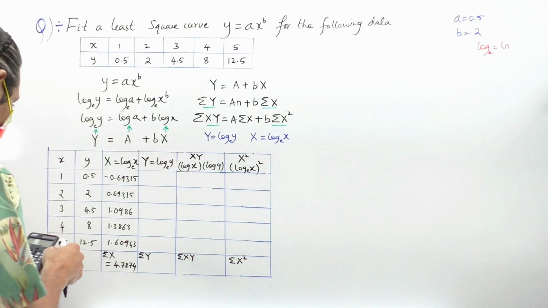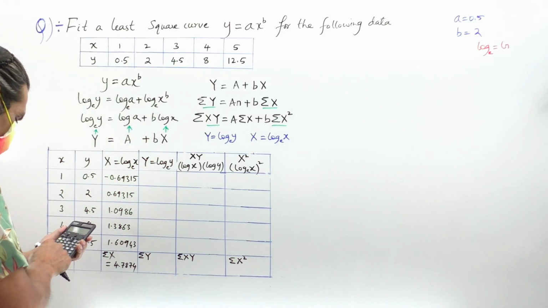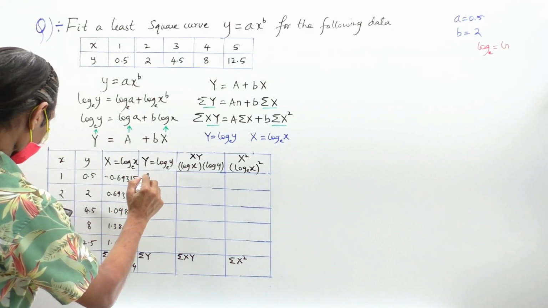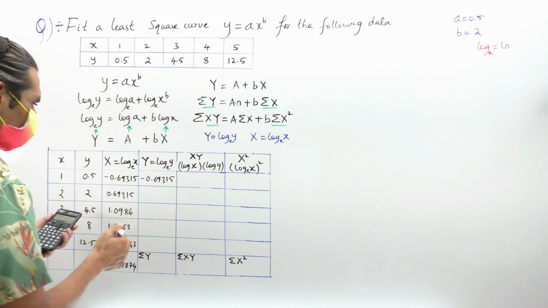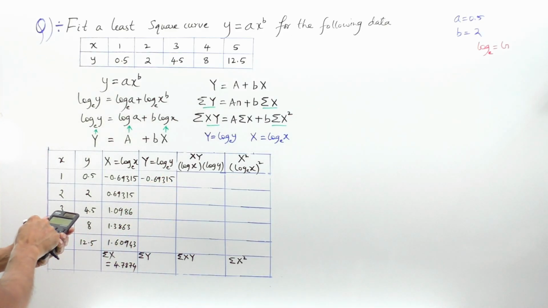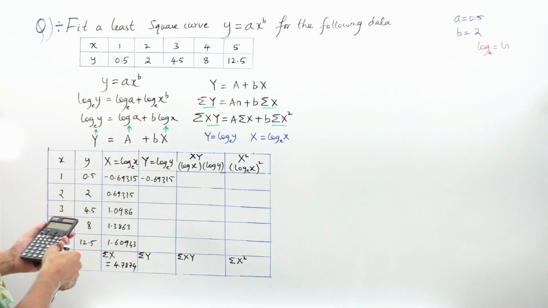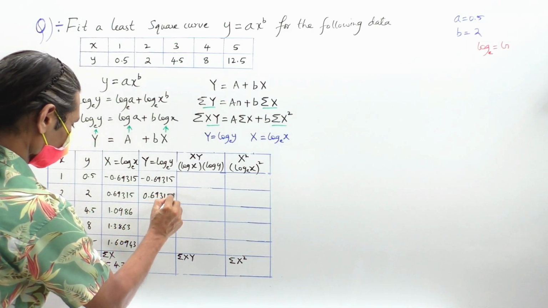Now let us do it for capital Y, which is ln of y. So we have y as 0.5. Shift ln of 0.5 equals minus 0.69315. Similarly, for 2 again 0.69315.